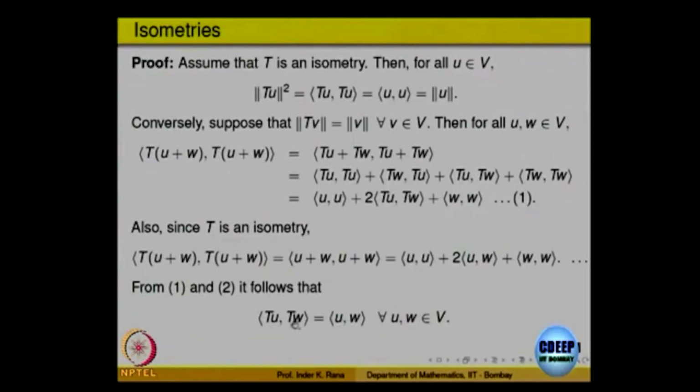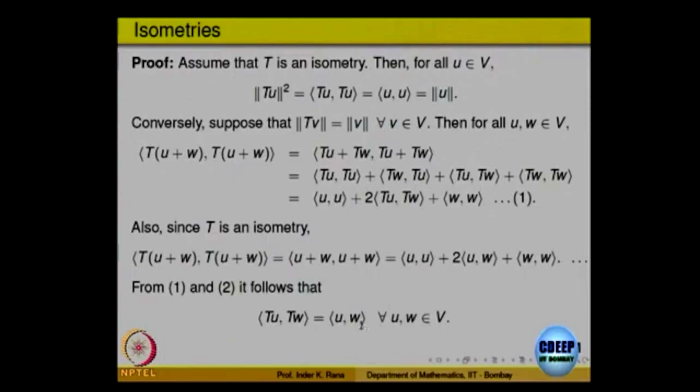So from 1 and 2, what we are assuming is that T preserves the notion of distance. So the norm of Tv square is the same as this. So this is the norm of U square, this is the norm of W square. Once you expand that, you will get Tu, anyway it's simple. I think there is some mistake in this proof which I have written.